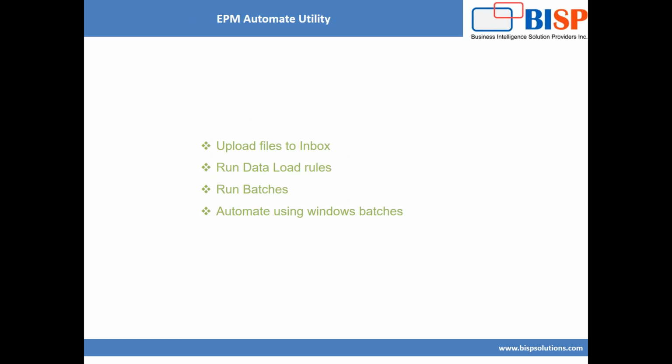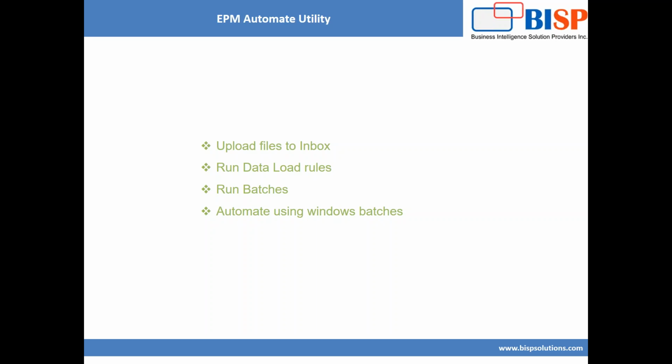We also have a new utility in FDMEE cloud, or rather it is not FDMEE cloud specific, it is generic. This utility is developed for FCCS, PBCS, EPBCS and all of them, and it also supports FDMEE cloud.